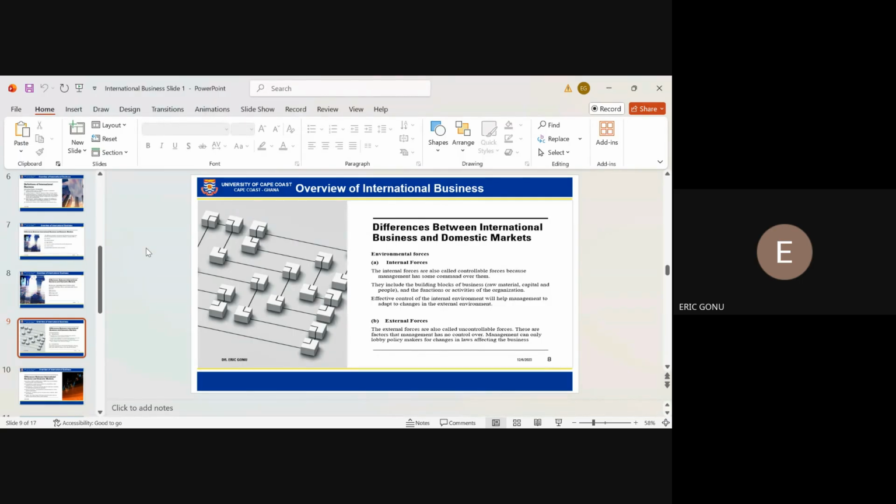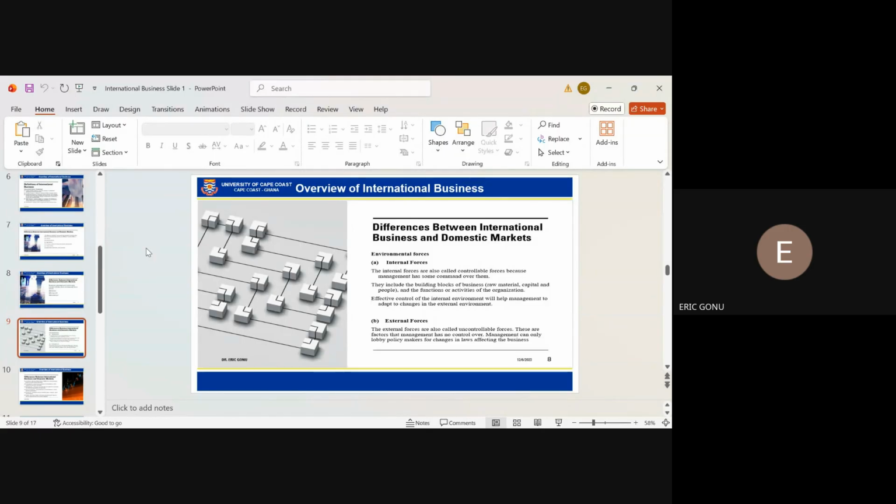Assuming that in Ghana, we have labor laws that define who we engage and how much we pay. That determination is not done by the individual company, but determined by government, so it becomes an external force. That's why you have minimum wage. The minimum wage is not determined by companies, but by government. So if there's so much pressure from government when it comes to minimum wage for laborers, it's likely to affect you.